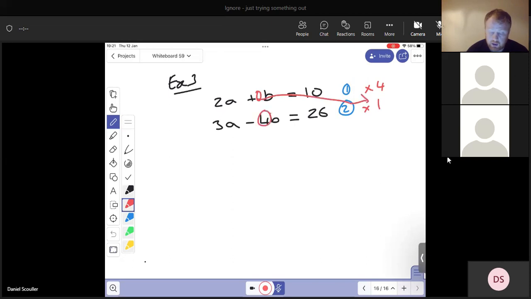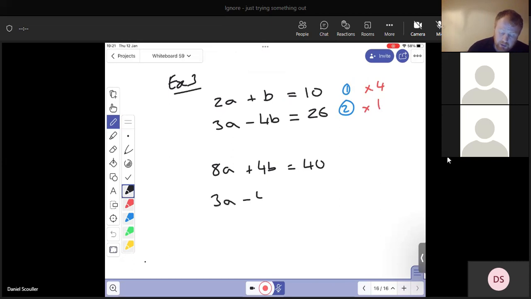So equation 1 multiplied by 4 would give me 8a plus 4b equals 40. That'll give me 3a minus 4b equals 26. The second one doesn't change, so we're multiplying it by 1.